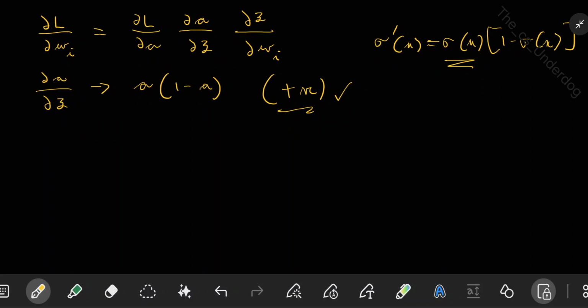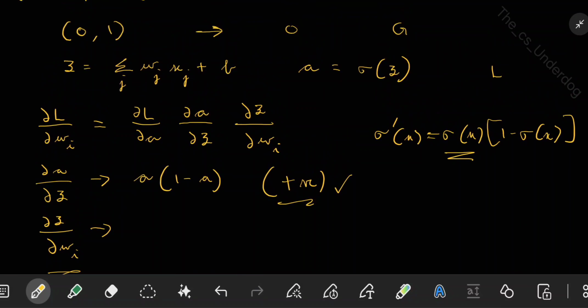The next term that is of importance here is del Z by del Wi. With this term, first you want to understand what will be the value of this. If you see Z, that has this value, sigma over all the j, wj xj plus b. If you take the derivative with respect to one particular w, what will remain?